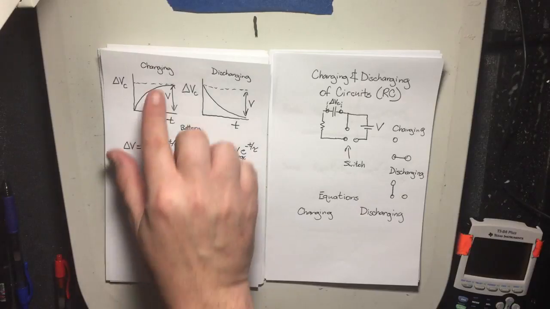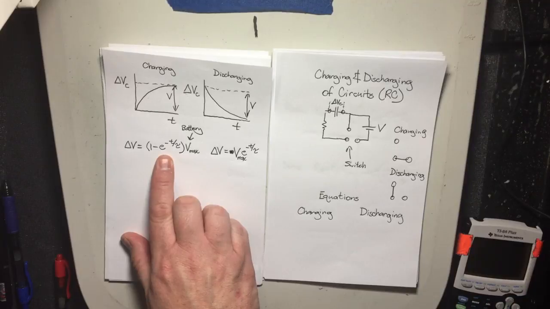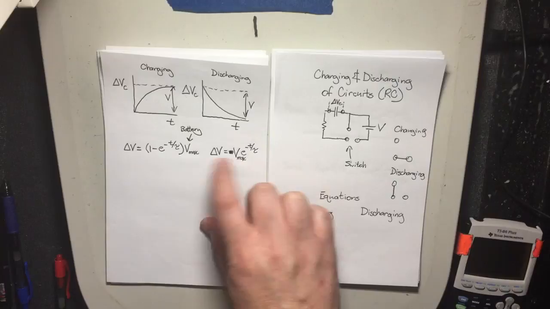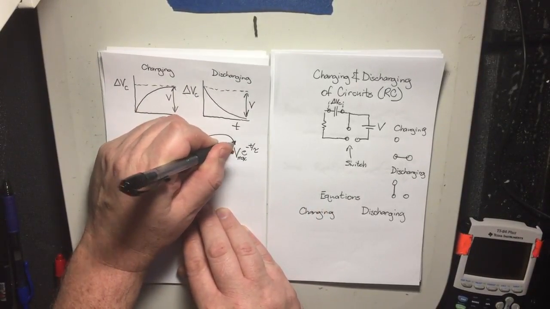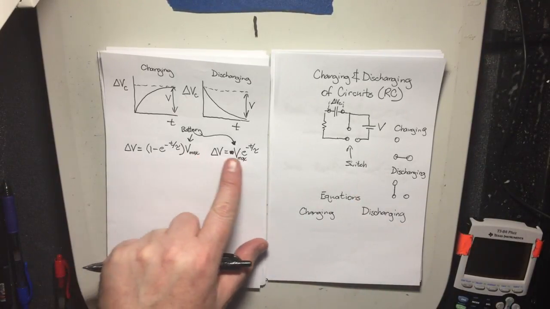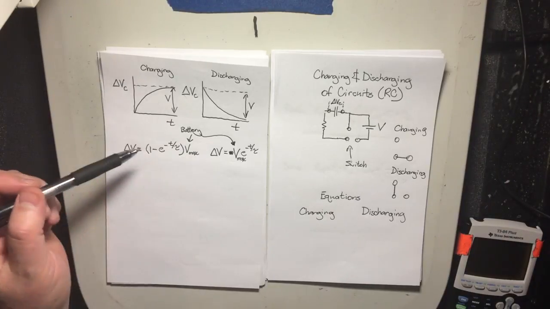So the biggest difference between charging and discharging is that instead of 1 minus e to the blah, it's just e to the blah, where that V max is the battery strength. For our purposes in 214, all we're doing is charging and discharging from the battery. V max is whatever you charge that capacitor up to, which frequently is just the potential difference of the battery. So for our purposes, it's this.